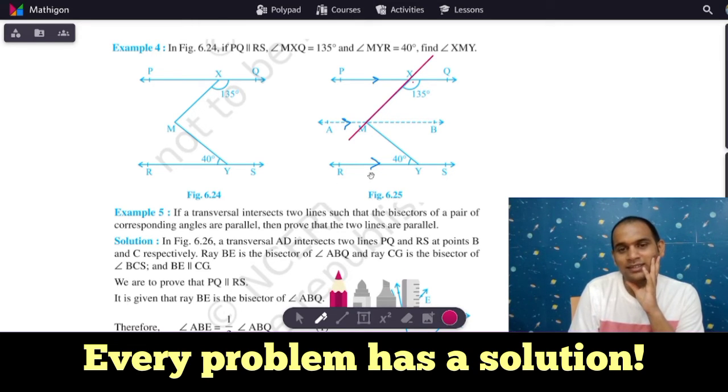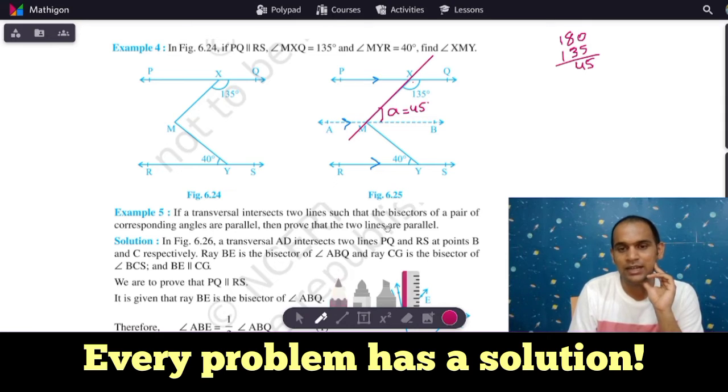So this is 135, and this we will take as angle A. So angle 135 and A will be supplementary. So angle A will be 180 minus 135. So you will get 45 degrees. So A is 45 degrees.